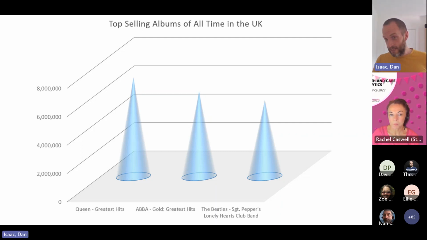So it is 7 million. This chart isn't lying to you, but making things 3D is just an incredibly complicated thing for our brain to interpret. So that is the problem with 3D data visualizations in a nutshell, and that is why I would recommend avoiding them at all costs.